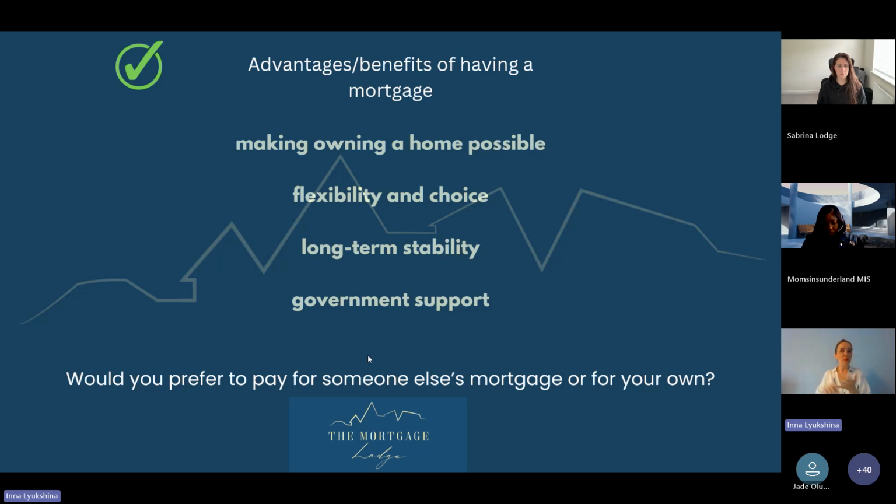So the Help to Buy scheme used to exist, but I think it stopped back in 2023. That was introduced with a 95% mortgage guarantee scheme, where people were allowed to put as little as a 5% deposit. There are also various schemes that will allow you to buy a share of the property, like the shared ownership scheme.